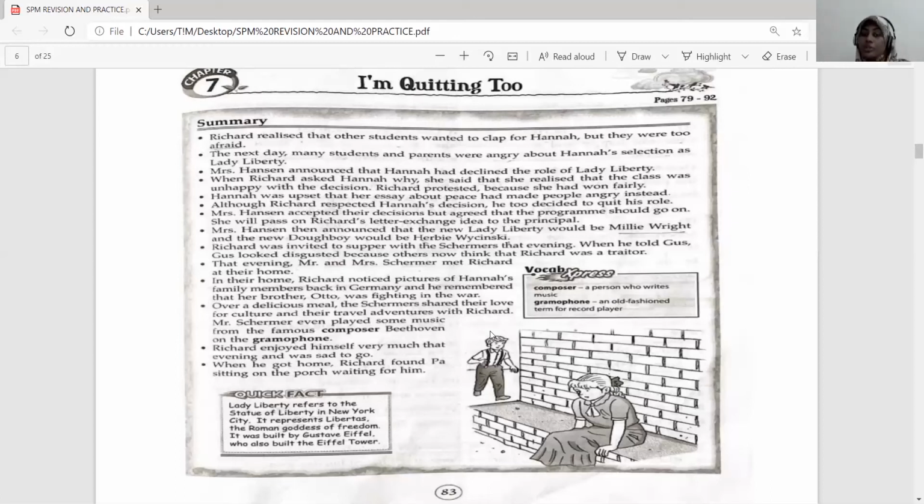Yeah, he wanted to maybe talk about declining the role because the role is quite, it's like in Malaysia, if let's say you are representing the state and you are becoming the Tunku Abdul Rahman, for example, and then suddenly you decline because your friend was not accepted by others and you wanted to support her, what would be your parents' reaction? They would be angry also, right? They would be, kenapa nak ikut kawan, and all sort of things. So that's the same question that came into Pa's mind, right?